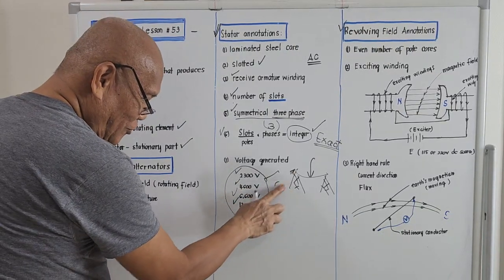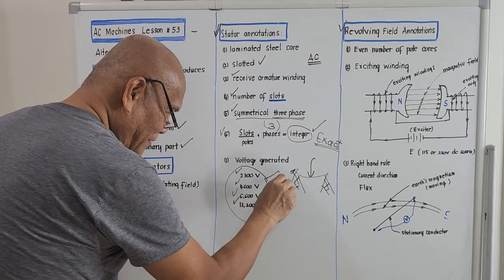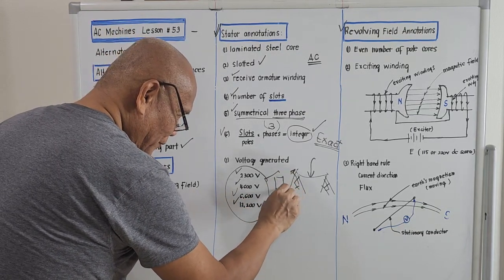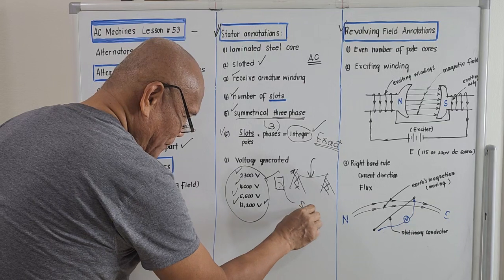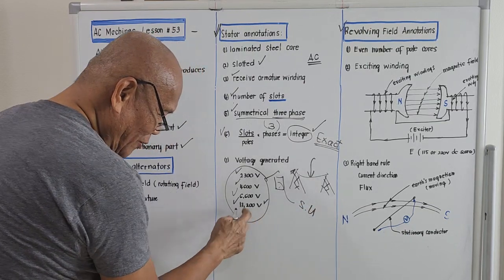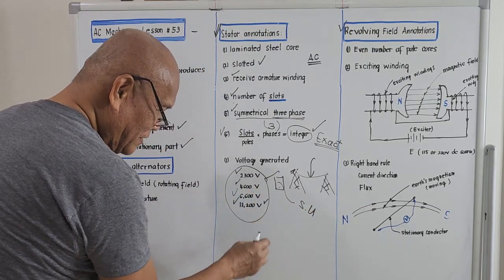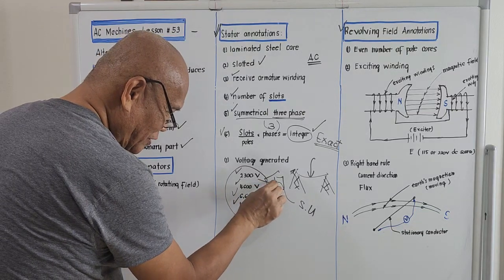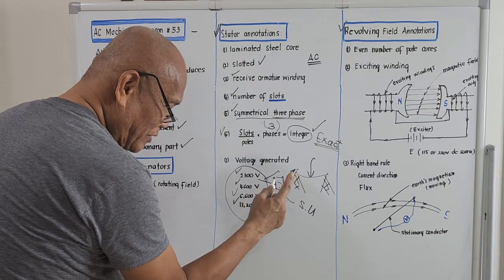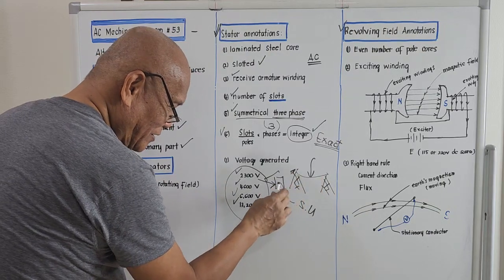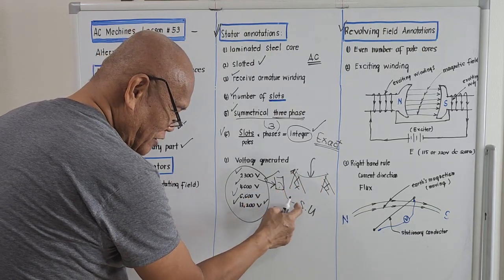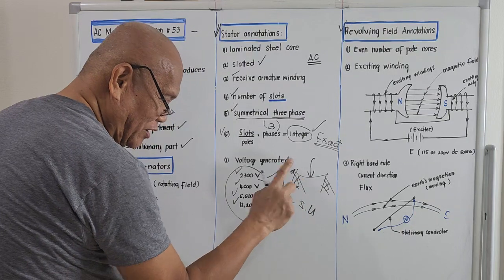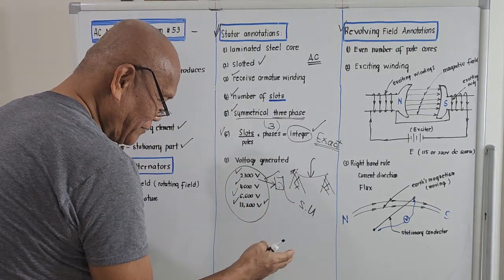So actually, before we feed to the transmission line, there is a step-up transformer. We will step up this voltage. It could be that the primary of the transformer is 2,300, but before we feed to the transmission line, we will be using a step-up transformer. Maybe the ratio of transformation is 50 times.